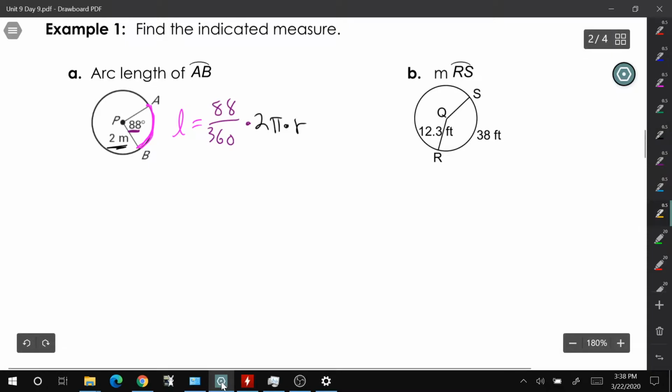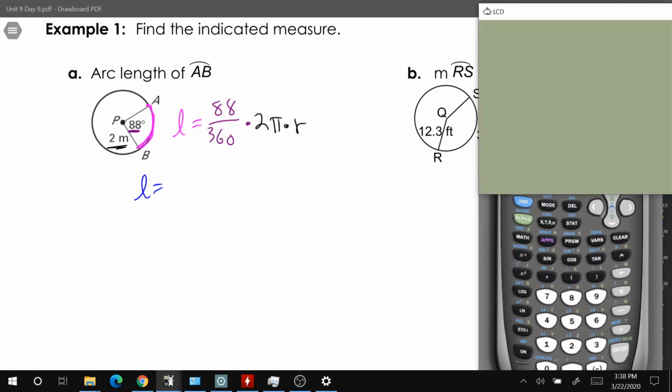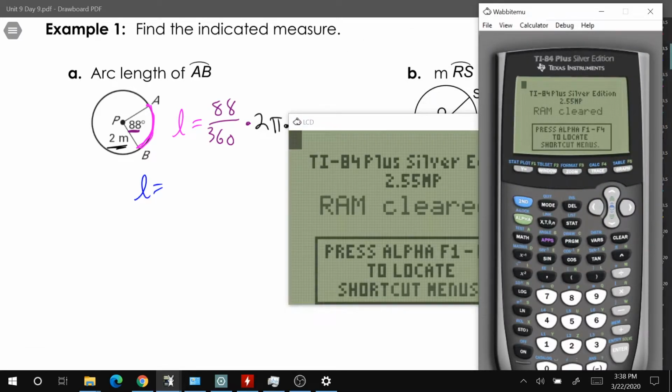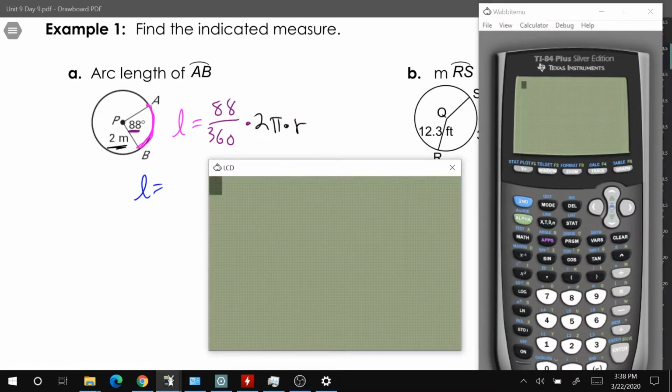Okay, so now you may be thinking, well, how am I going to type all this into the calculator? So I'll show you. Let's open up our calculators. And in parentheses, I'm going to do 88 divided by 360.